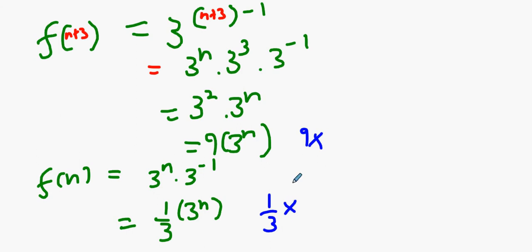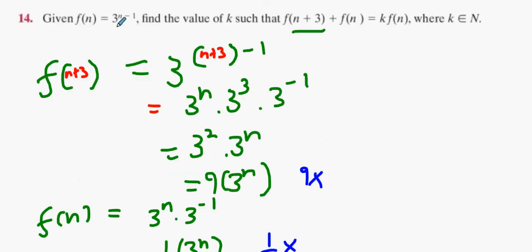Do you get what I'm saying? It's like 9x and 1/3 x, yes? 3 to the power of n minus 1. Yeah, so 3 to the power of n, but 3 to the power of -1. Yeah, there's a number in front of that. I haven't got there yet. I'm working on it.